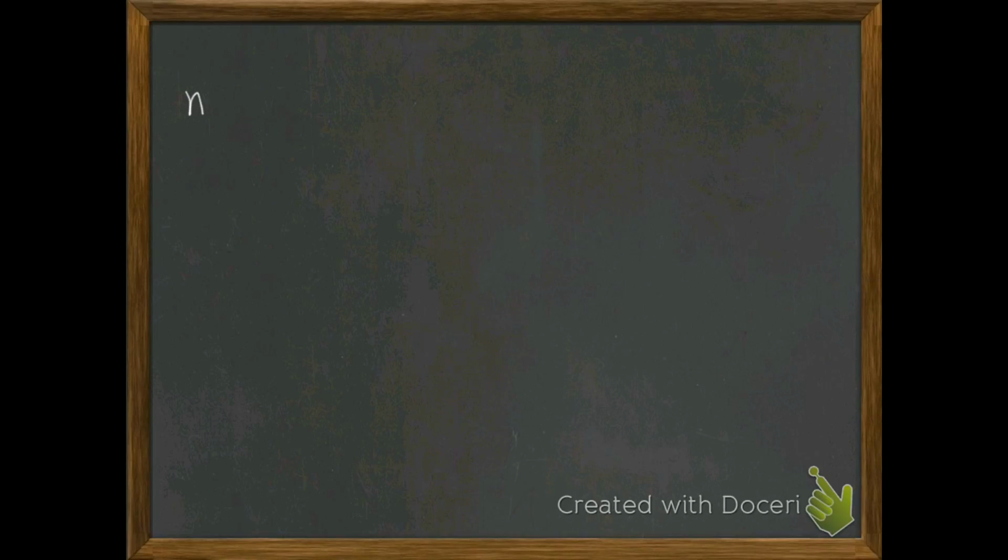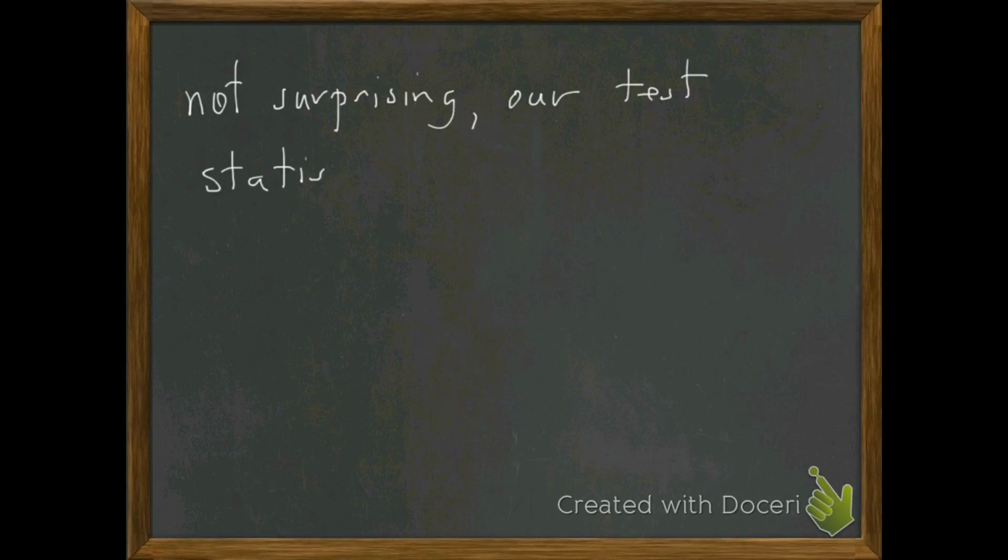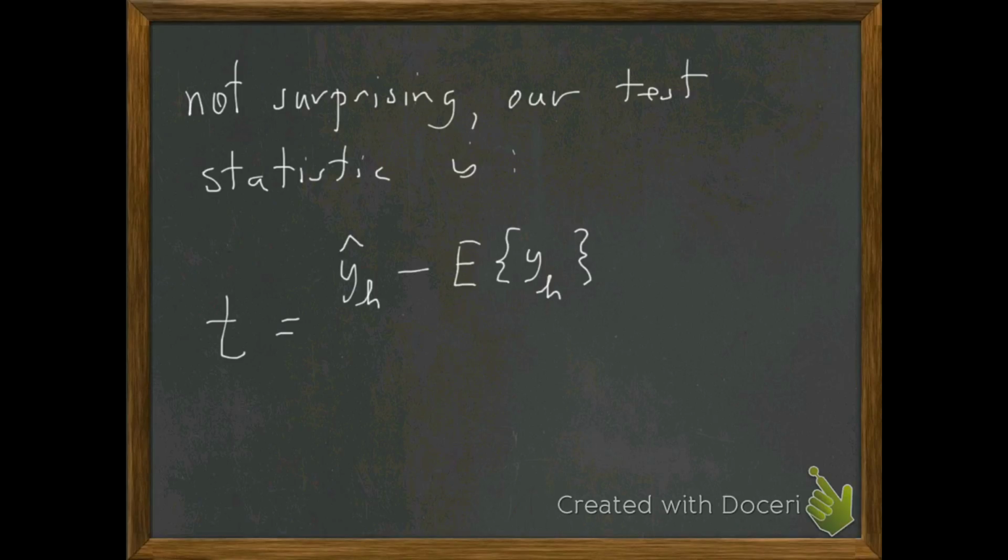It shouldn't be surprising that the test statistic is our predicted value minus the expected value over the standard error for our y sub h's.